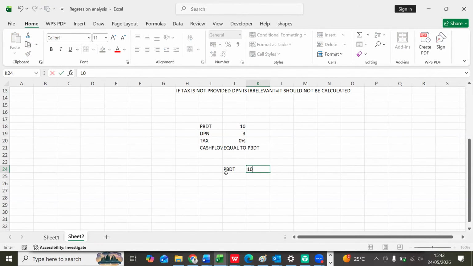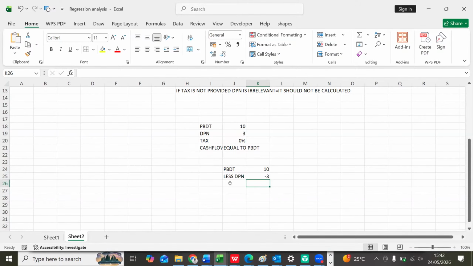PBDT is profit before depreciation and tax. So I'll use the longer way first, the lazy man's way, you come and say less depreciation, minus 3, because I'm subtracting.